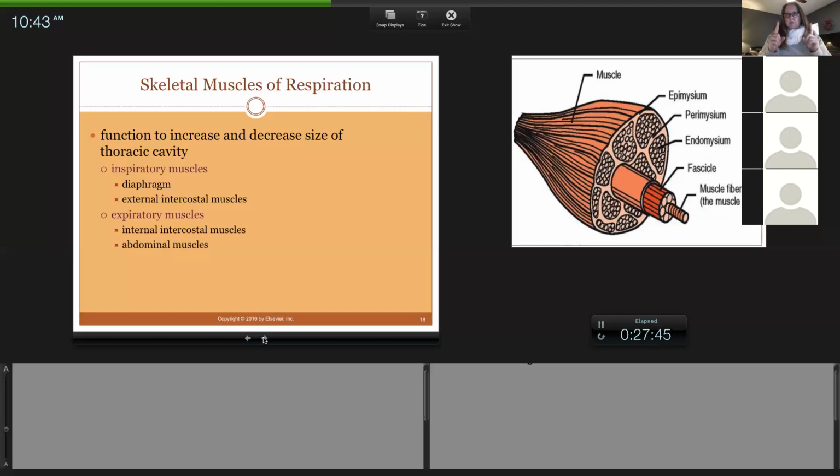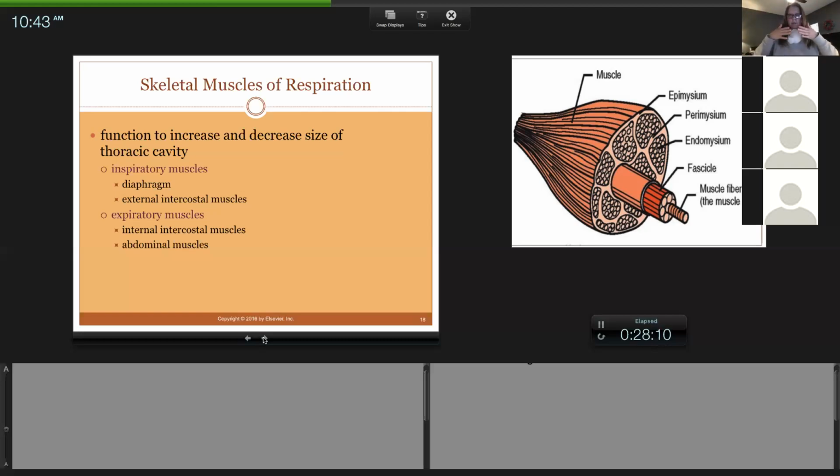So when an animal inhales, the diaphragm contracts. Remember, the diaphragm splits the thorax and the abdomen, the front half and the back half of the body. When the diaphragm contracts, the ribs are going to move, and the thorax gets bigger. The lungs passively will inflate because all of a sudden the space got bigger.